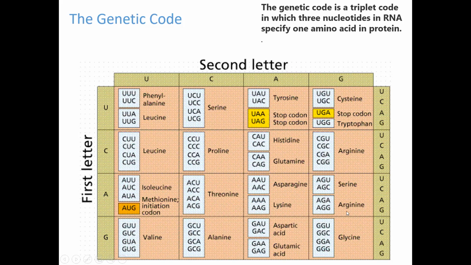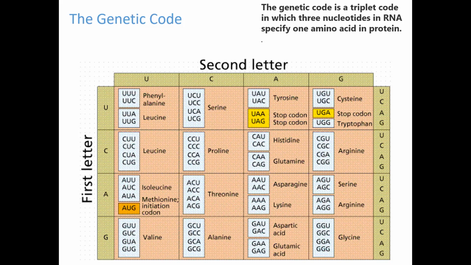Well, it turns out that the first 2 combinations code for the amino acid serine, and the last 2 code for arginine. Whatever the combination is, it's going to code for something.